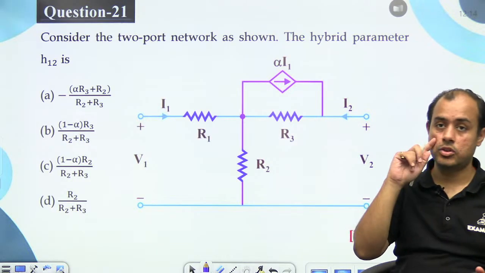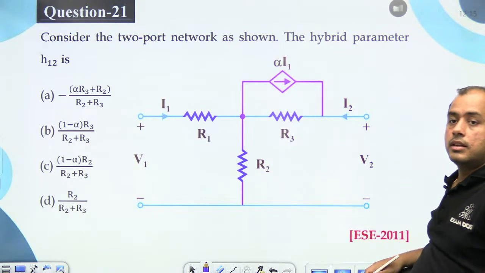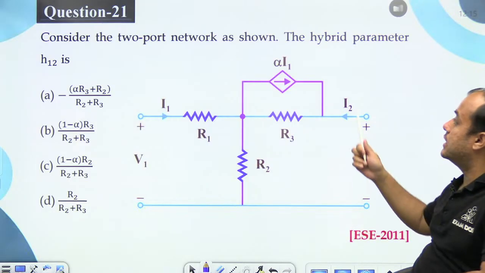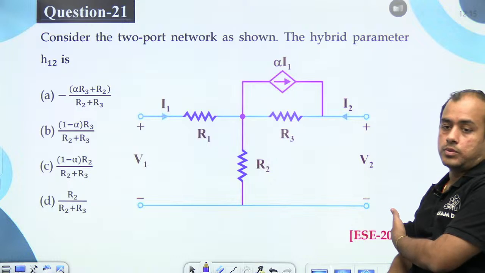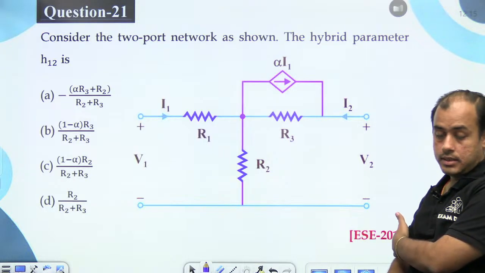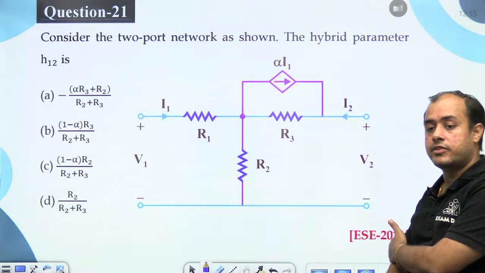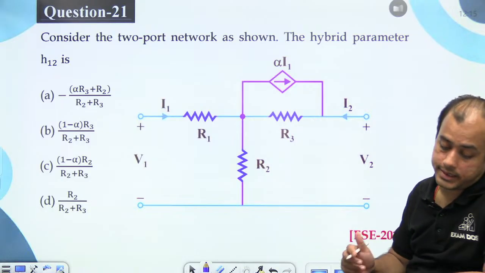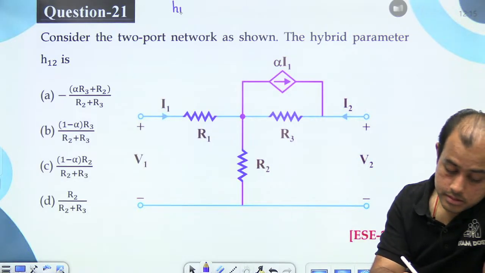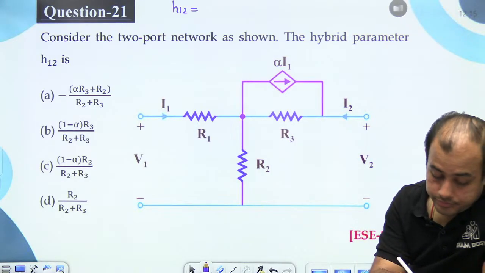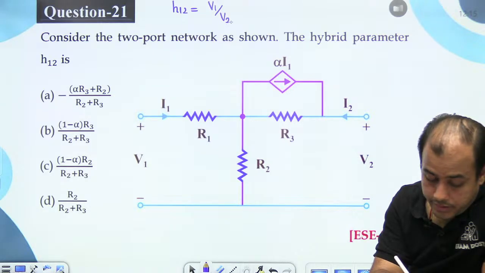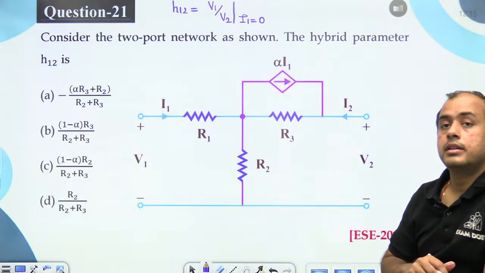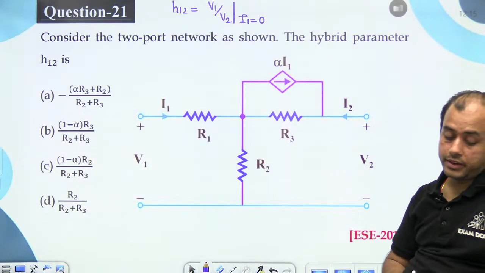Okay, I am making the introductory video for ESE. ESE 2011, consider the two-port network H12. Find out H12. Let's go, when one parameter is asked, we have to use the basic concept. V1 by V2 when I1 is 0.